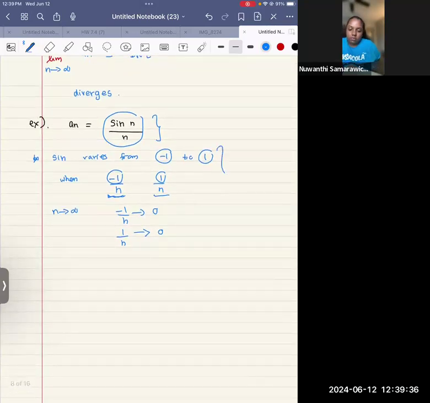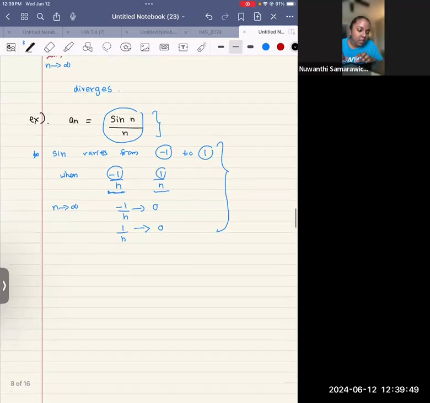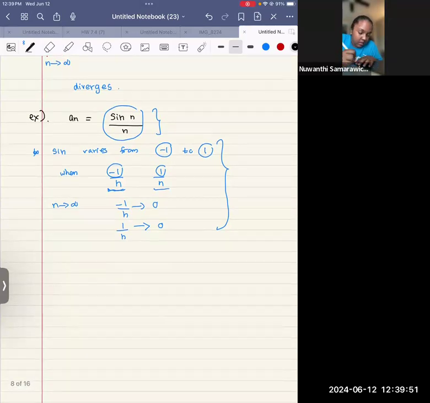So this is like scratch work. Let's see how to prove this. I'm going to introduce a new theorem. I guess you have learned this in TAL 1, but let's recall. How do we show the sequence converges?